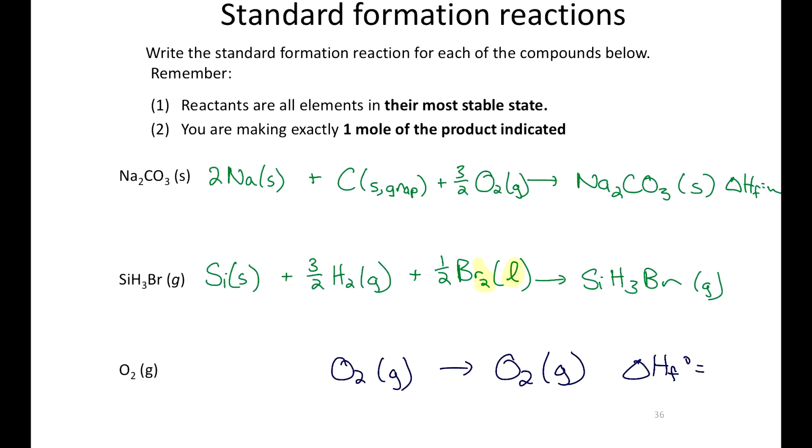How much energy does it take you to go from O2 gas to O2 gas? 0. So any element that's already in its most stable state, if that's involved in a chemical reaction, that formation value for that thing is actually 0. So you probably won't find formation values for elements in their most stable state, and the reason is because it's 0, because if we apply our definition, it does not take any energy to do this process.